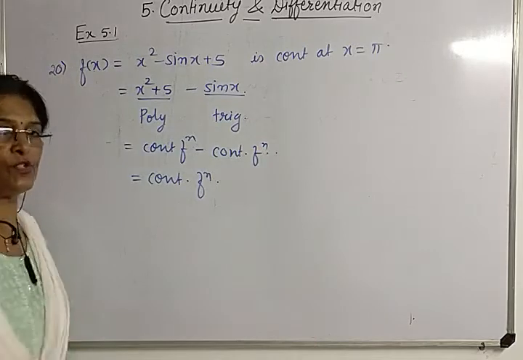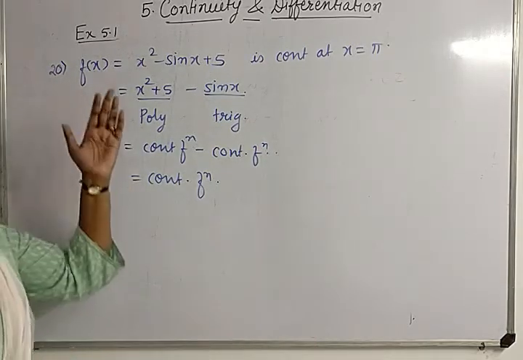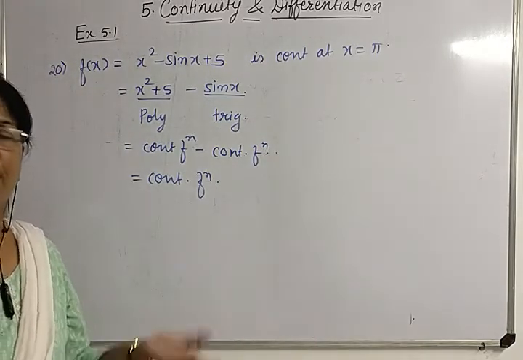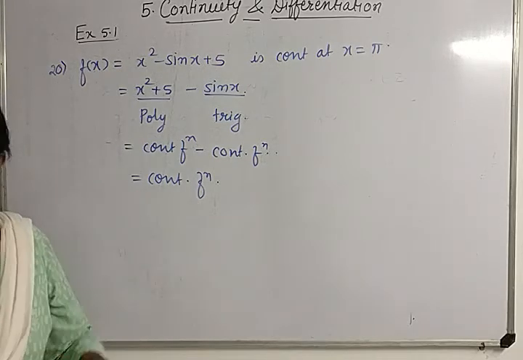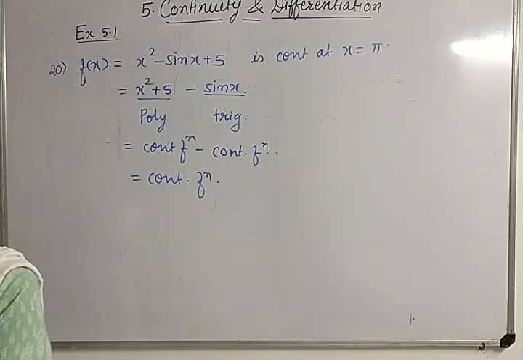I hope all of you understood this, because it is only simply asked whether it is continuous or not. So we can write the answer like this also. No need to prove, because it is not asked to prove.